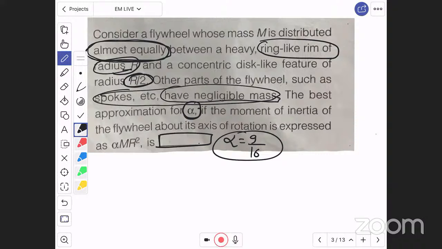Whatever may be the answer in fraction, that is your result. तो 9 by 16 फ्रैक्शन में कितना आता है? What is the fraction? 9 divided by 16. कैलकुलेटर में करके देखो. Alpha is 0.5625. This you have to type in fill in the blanks. Okay.